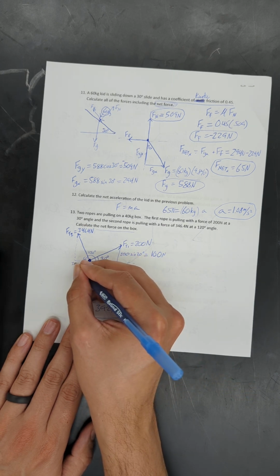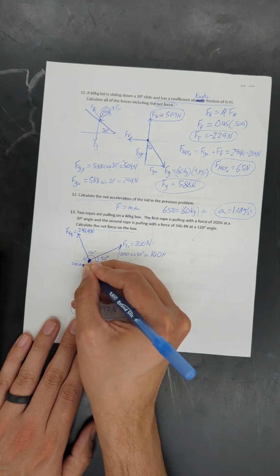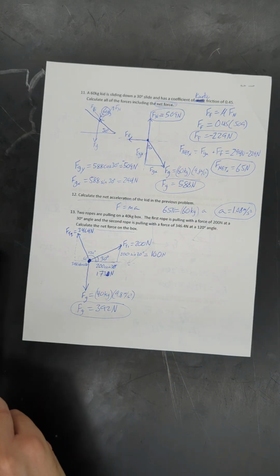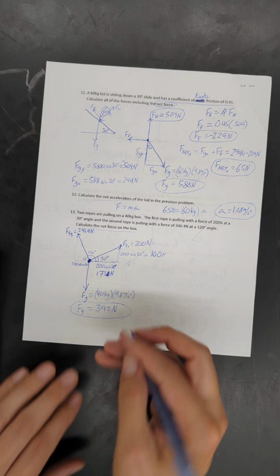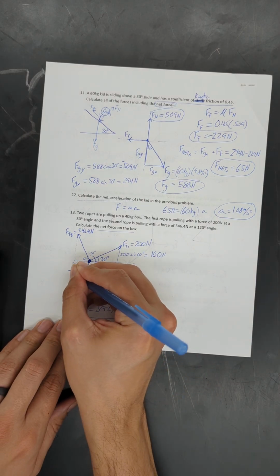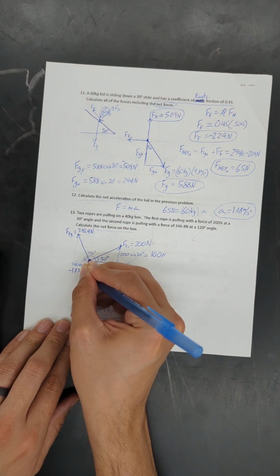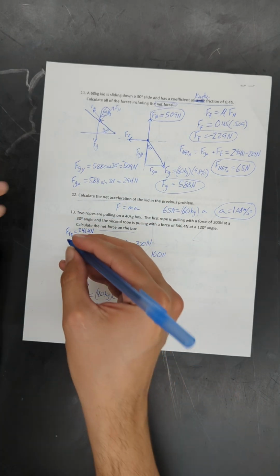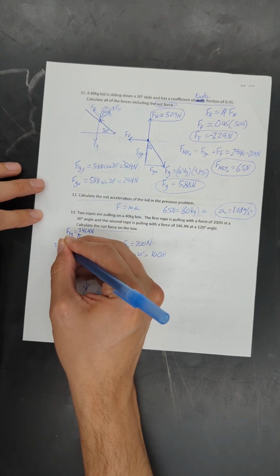So this would be 346.4 cosine of 120. That would give me negative 173 newtons.